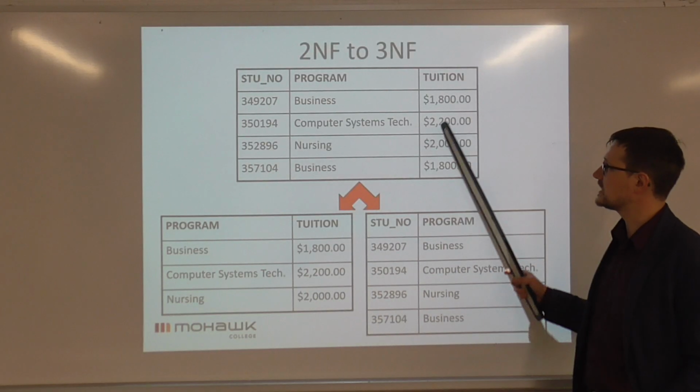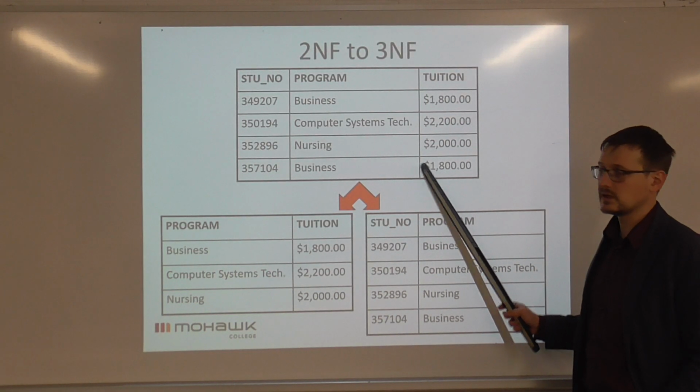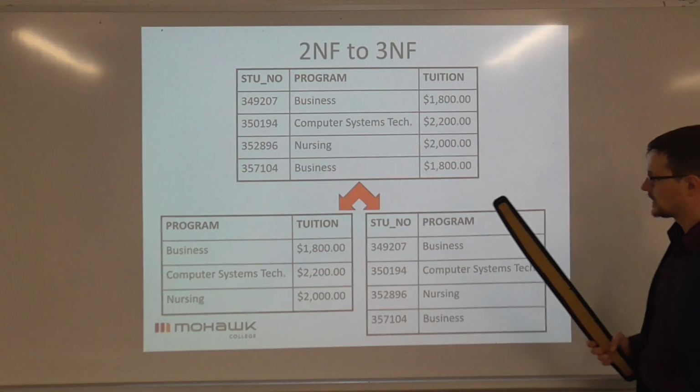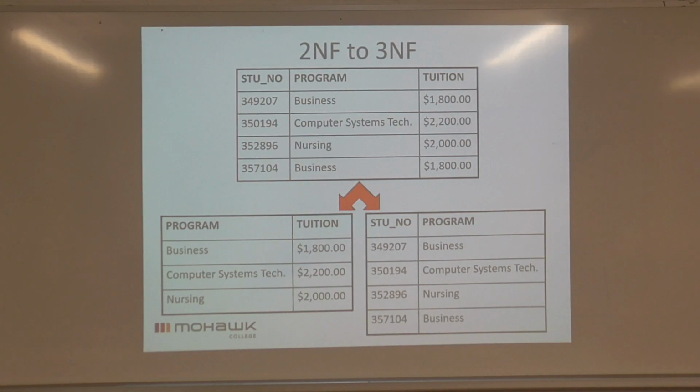You see we also eliminate a redundant row by doing so. What remains of this table is student number and program, as the column which is dependent on this non-key value has been removed.